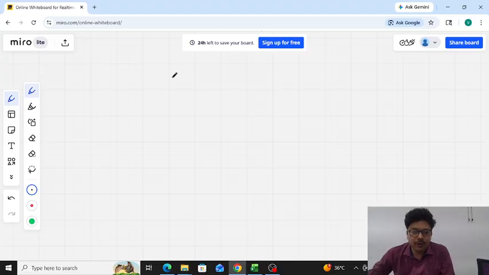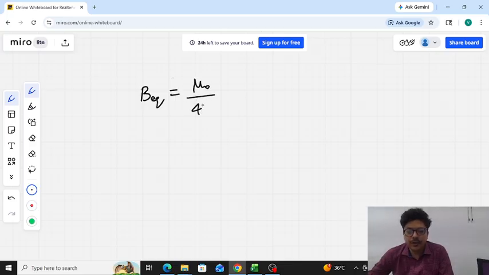What is the formula for the magnetic field strength on the equatorial line? It is given as mu naught by 4 pi into M by r cube.